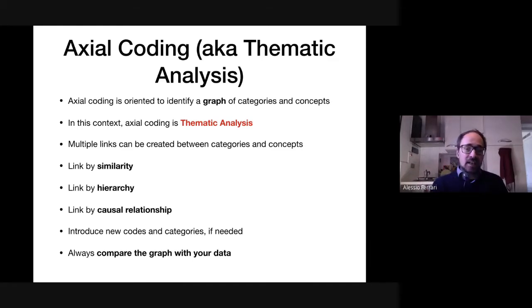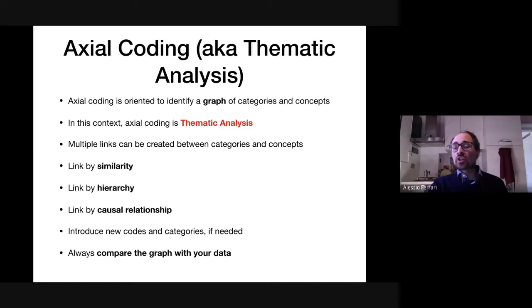By hierarchy and by causal relationship, so one thing that causes another. If needed, throughout the process of constructing these links, you can also add new codes and new subcategories or new categories, and always do this constant comparison. Always compare your graph with your data.